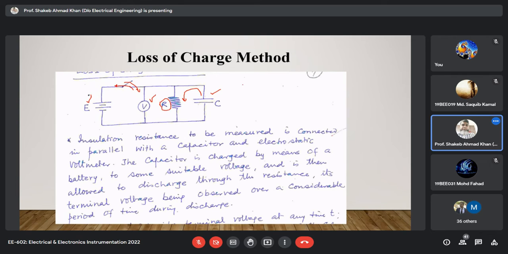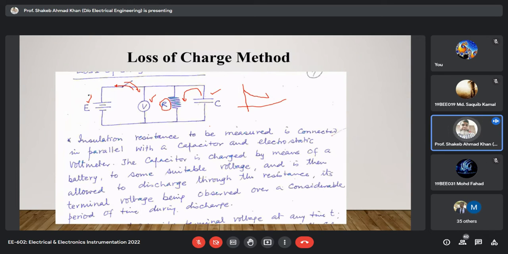This is an RC circuit, and by measuring the time and voltage we will draw an exponentially diminishing voltage curve. Through this curve we will be able to find the resistance, because we know the time and we know the voltage. How exactly we do that, what is the expression, we will see.